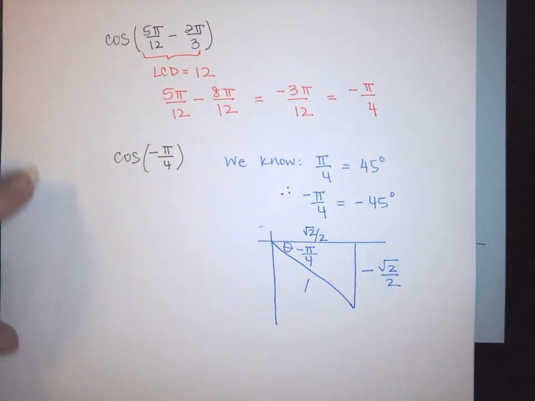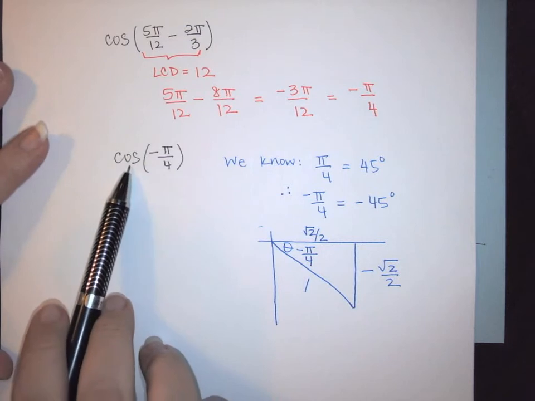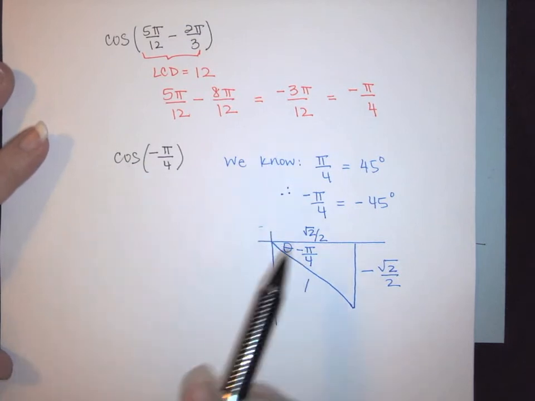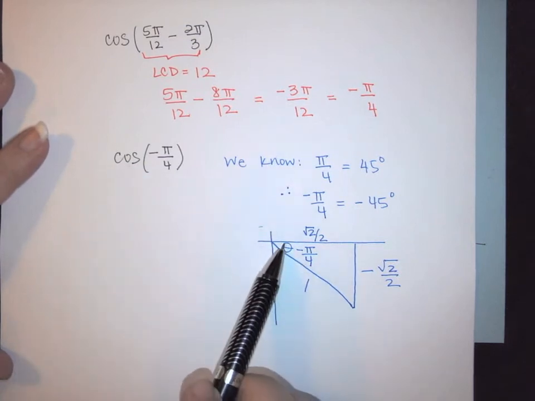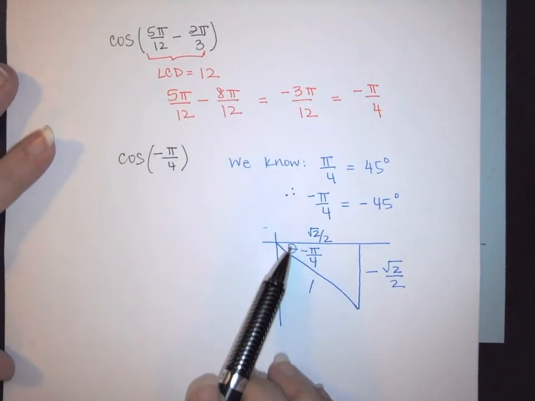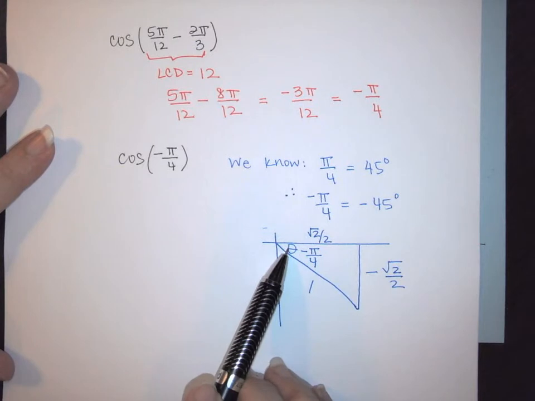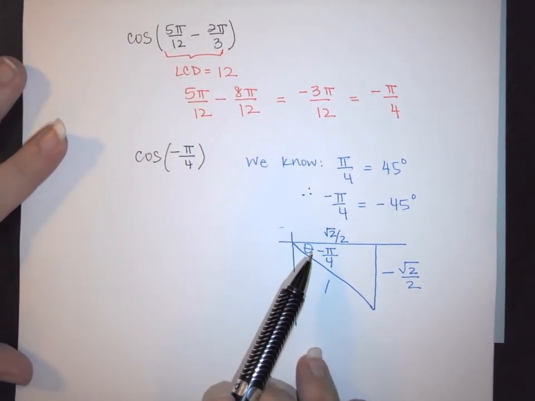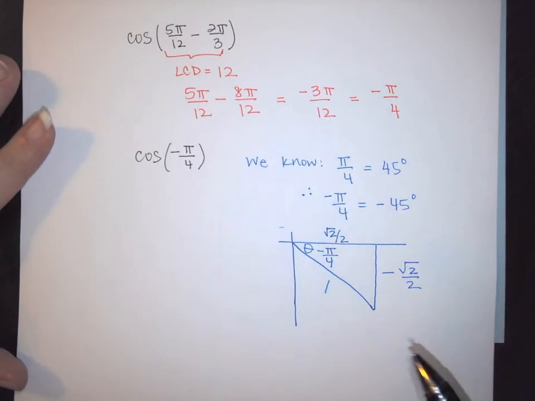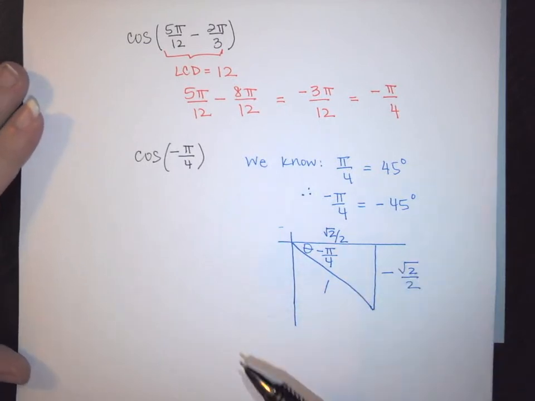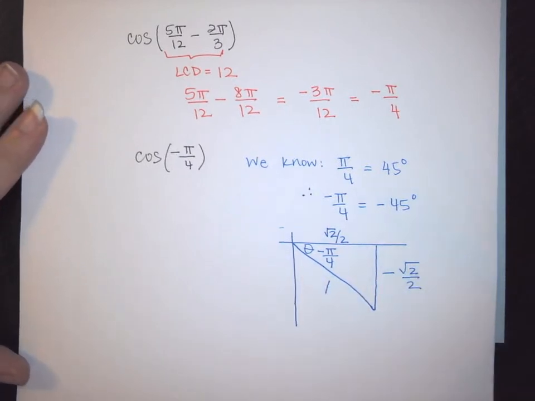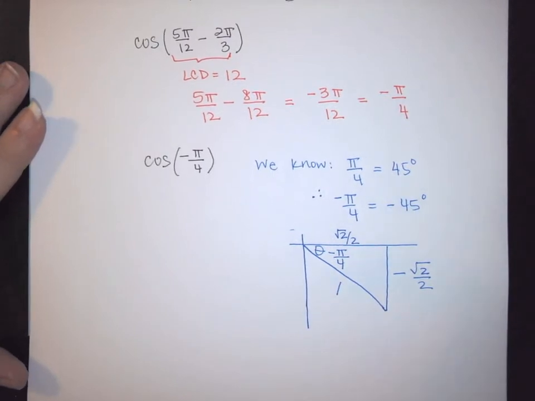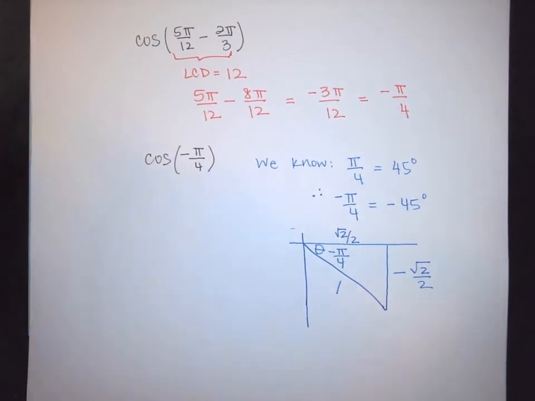So here's my pi over 4, and your cosine is still going to be adjacent over your hypotenuse, but we have to take the negative angle into account.